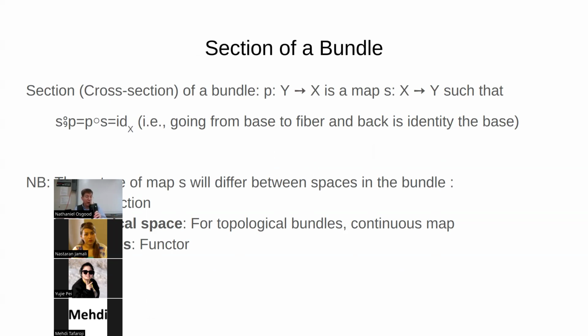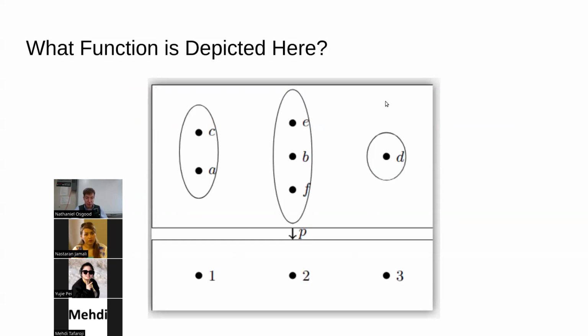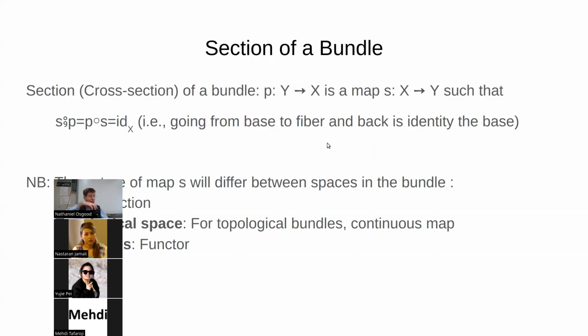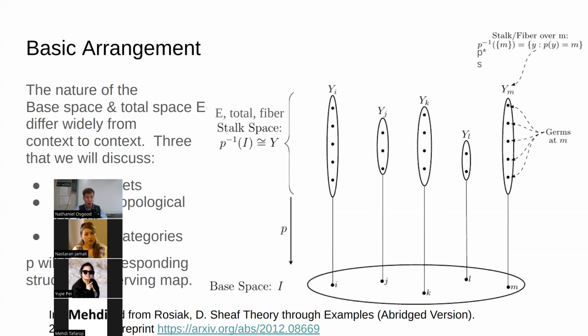So for sets, they're functions. They're simple functions. And that's going to take us quite far in terms of intuition, where this is a set and these are fibers, or sets, fibers over these stalks up, right? Yeah.